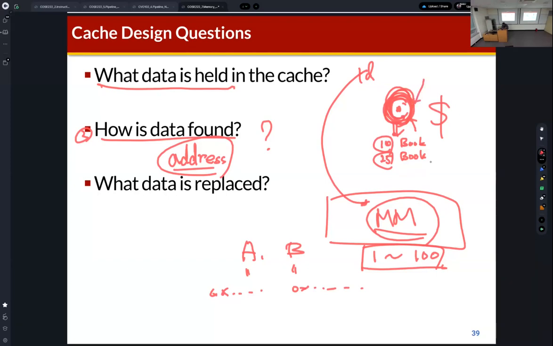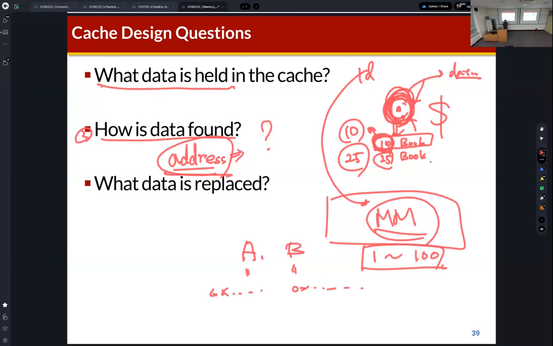When the book is stored in the cache, we also need to store the book number, like 10 or 25. Otherwise, you don't know which books are stored in the cache. Likewise, we can identify certain data in the cache using addresses. Data is here, then how can you identify it? We need to use the address.